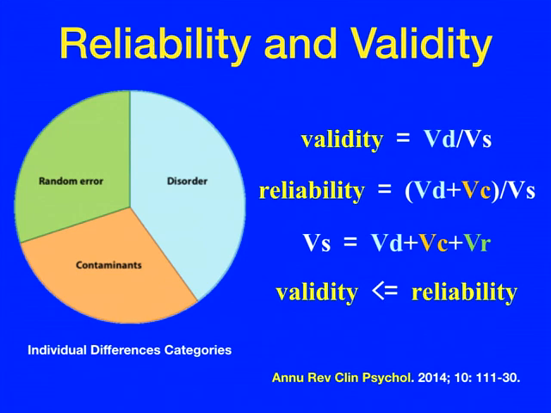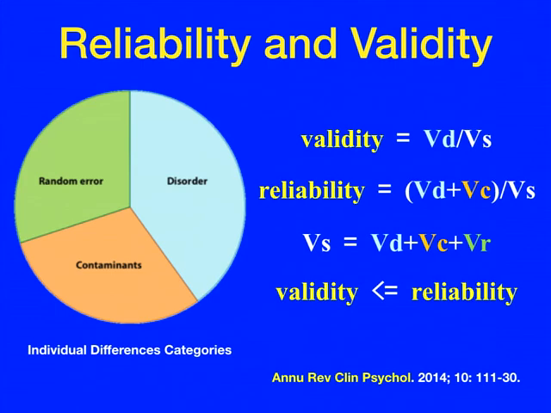For example, if we focus on a specific disorder, one type of individual difference is directly related to or caused by the disorder. Another is related to the individual, but not specifically to the disorder. The third part is random error, not specifically related to the individual.